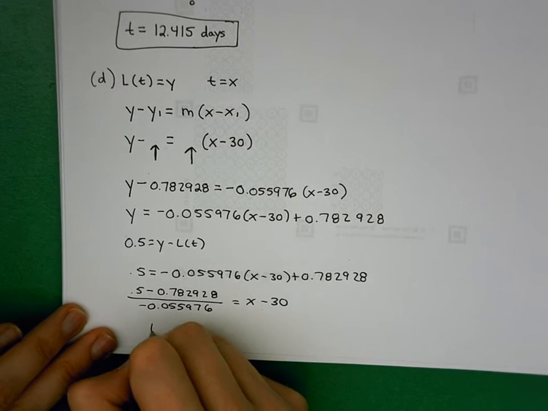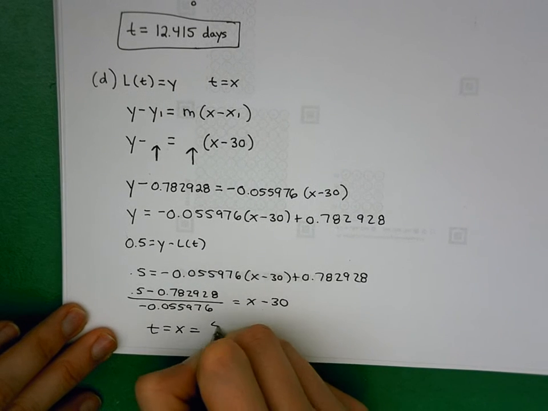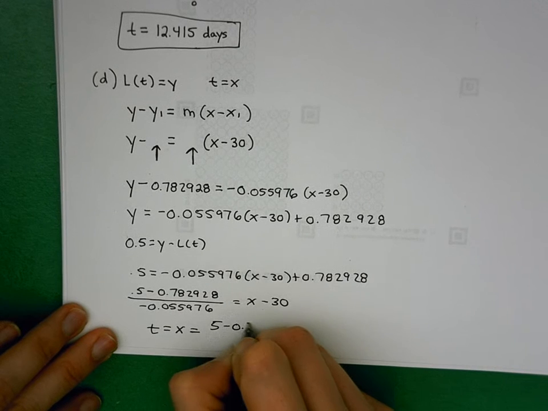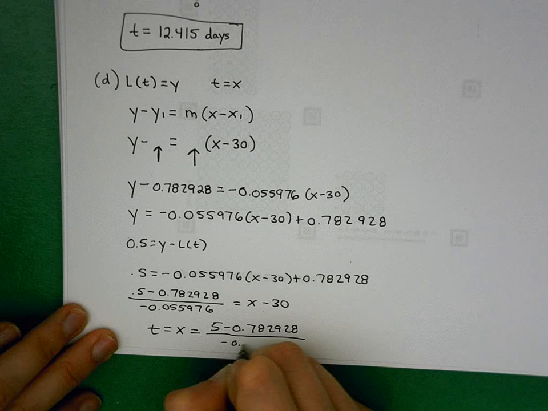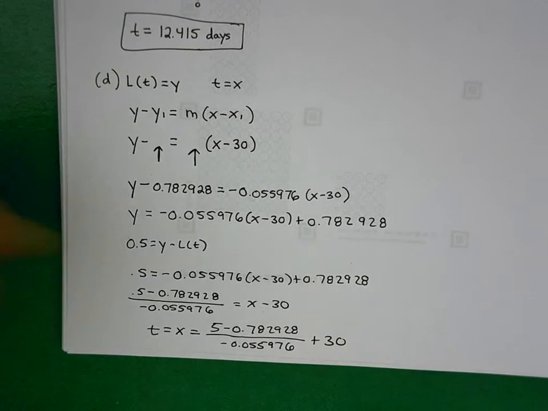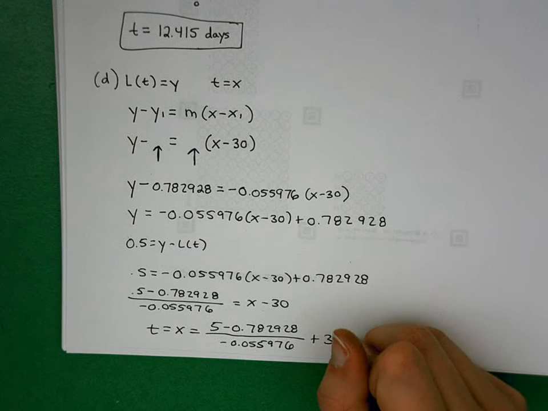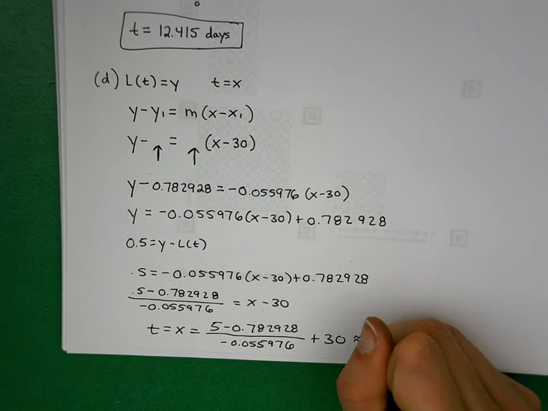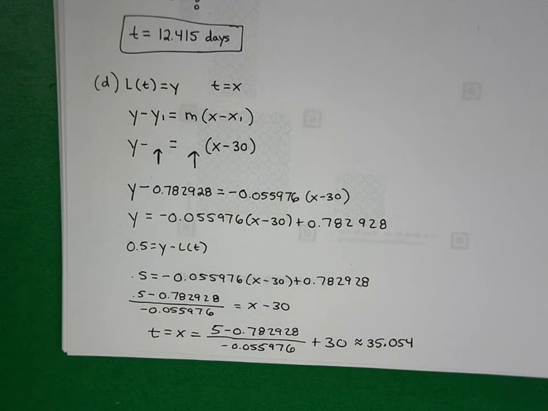Then our last step is going to be to add this 30 over to the other side. Okay. And personally, I'd probably leave it there. You could though, because it is a calculator problem, plug it into your calculator, and you'd get about 35.054. Okay. So then those are two accumulation problems.